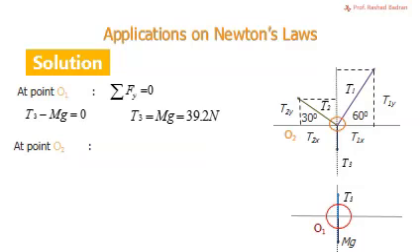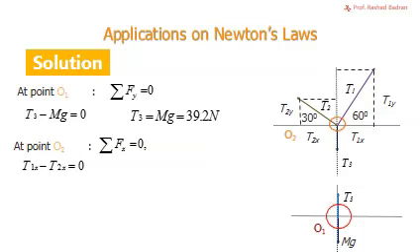Now at the other point, in the second free body diagram up, the resultant force along the x-axis equals 0, and also the resultant force along the y-axis must be 0 because the whole system is at equilibrium. For the x-axis, we need to break the vector T1 into its components and the vector T2 as well, while the vector T3 is already along the y-axis.